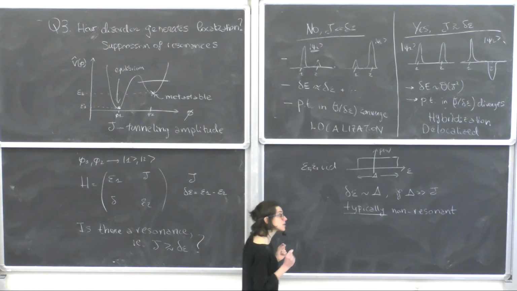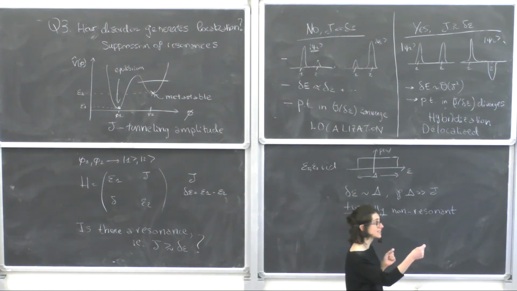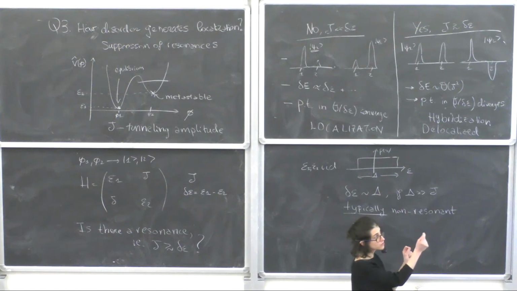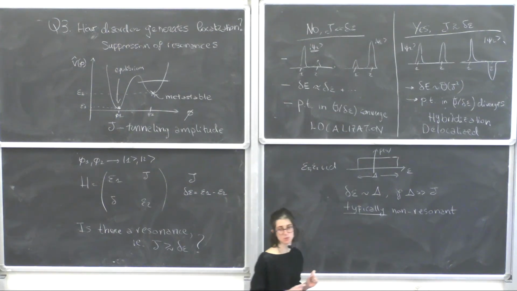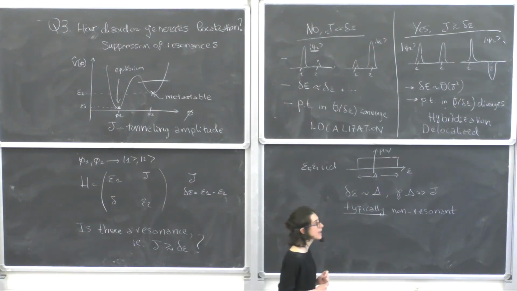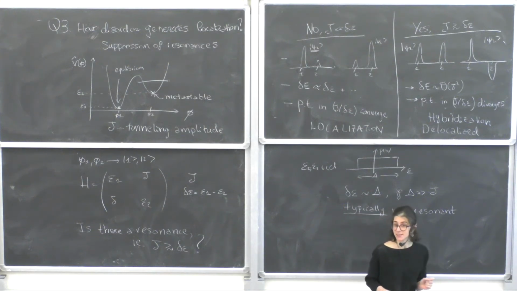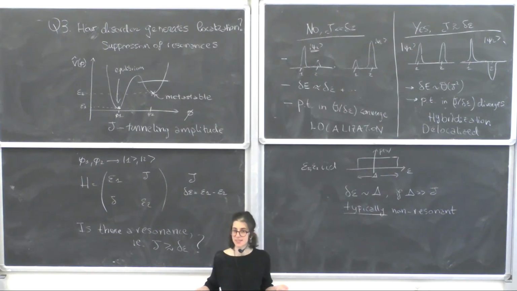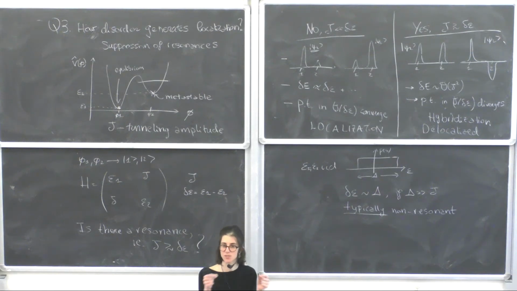And I can ask whether I can find in the lattice sites such that the local potential in there is as close to epsilon 1 as I want, so such that the energy difference is equal to delta or smaller than delta. And I know that I will find with probability 1 such a site, because I'm sampling my distribution infinitely many times. The distribution is continuous, so I will always find values which are arbitrarily close to each other.